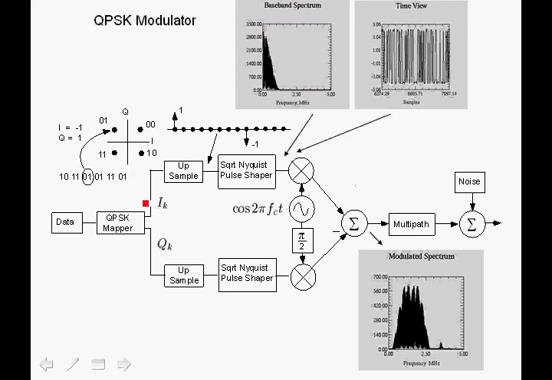And this way we can achieve a higher throughput than binary phase shift keying, or BPSK, in which case we map a 1 to one symbol and a 0 to another symbol. So in binary phase shift keying, the symbol rate is equal to the bit rate, and our throughput is limited. But in the case of QPSK, since we are mapping 2 bits per symbol, we can double the bit rate through the channel, since every symbol represents 2 bits.